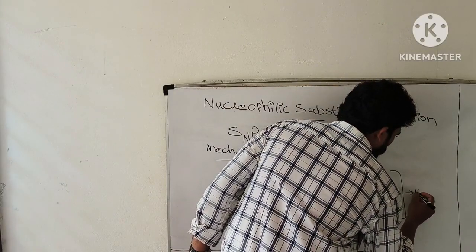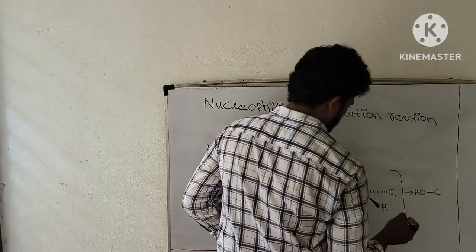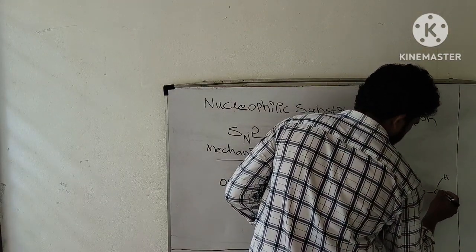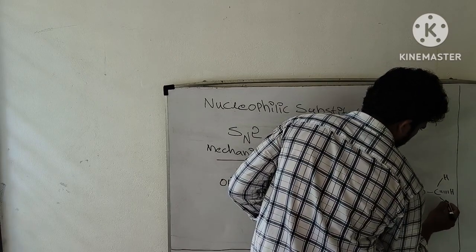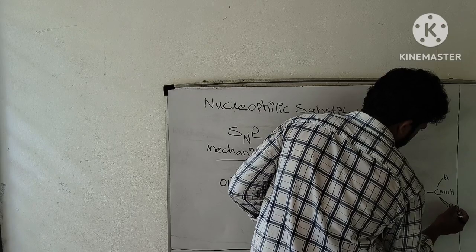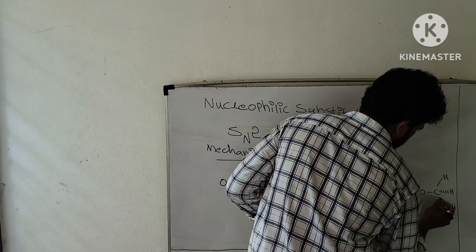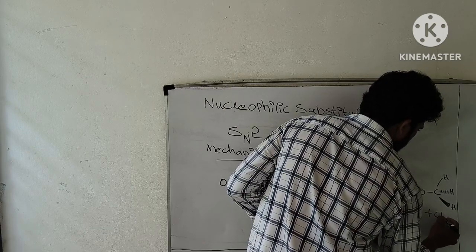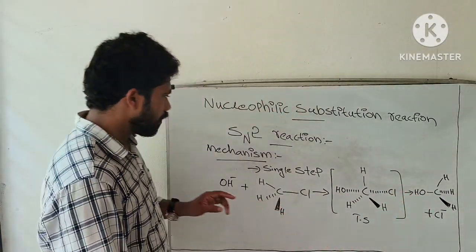Then HOC, here you have a hydrogen, here a hydrogen, and here a hydrogen, plus Cl minus.